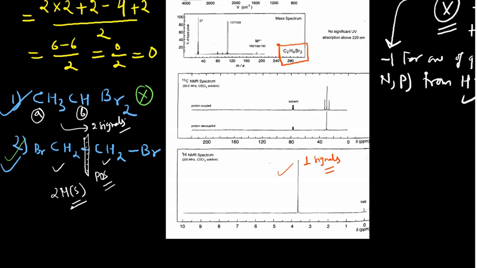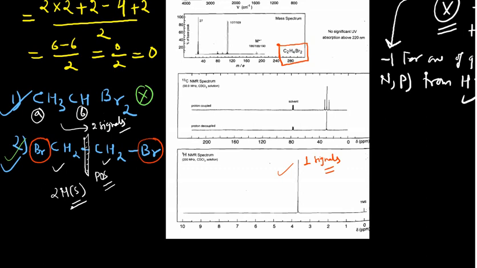Since this carbon is connected with the bromine, which is highly electronegative when compared to the carbon, definitely the signal for your hydrogen would be a downfield signal, and this is the characteristic of halogens.